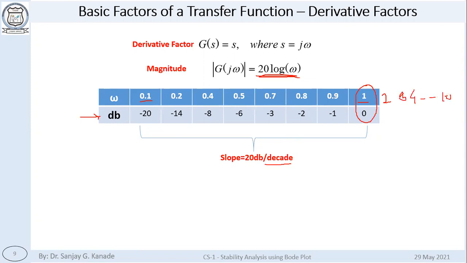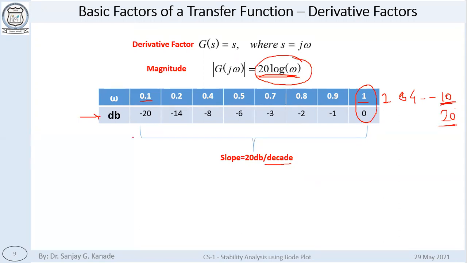So if you get 10, what will be this particular value? 20 log of 10. Can someone tell me 20 log of 10? It will be 20, right? Log of 10 is 1, 20 into 1, 20.